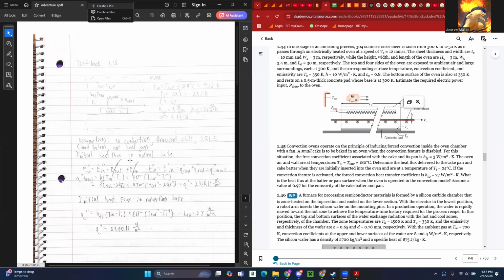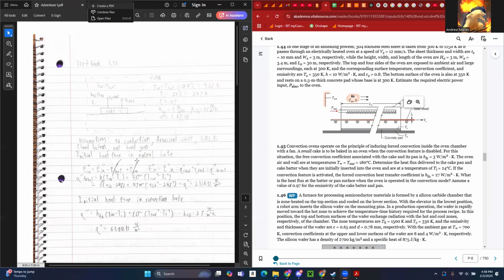Here I wrote down the energy balance in a closed system, and I made it heat flux. So the stable heat flux is equal to the heat flux in minus the heat flux out plus the heat flux generated. Because the cake is at a lower temperature than the surrounding oven, there is no heat leaving the cake.